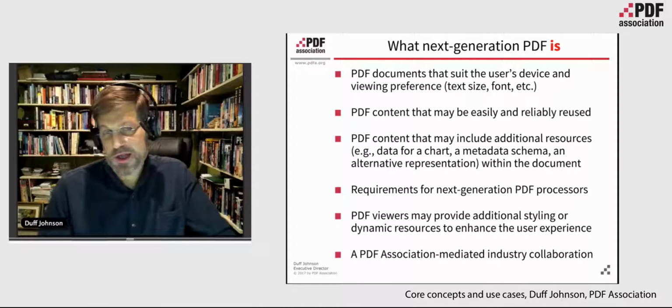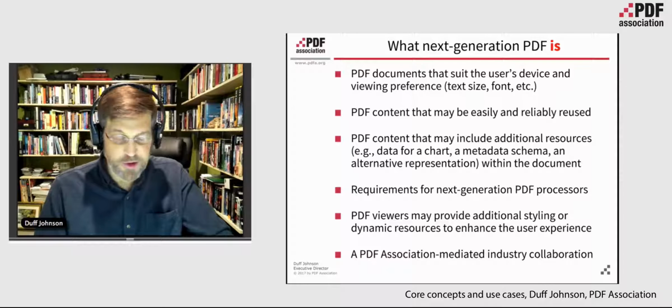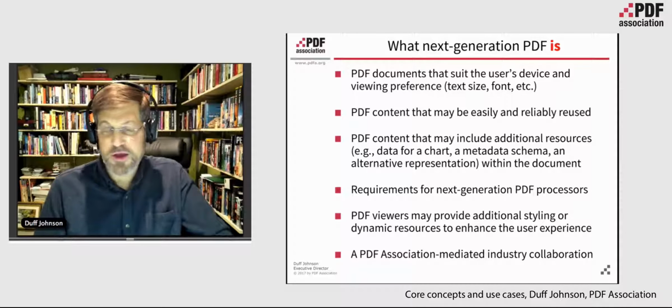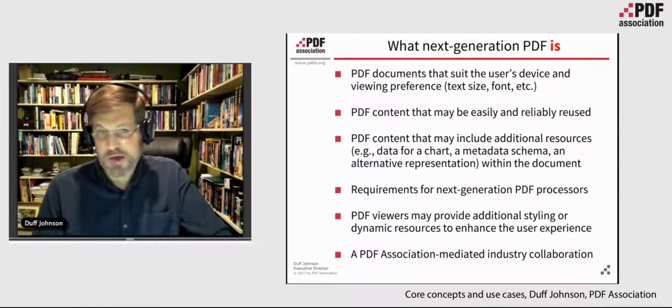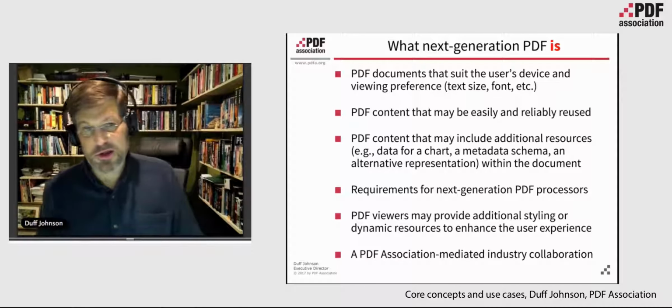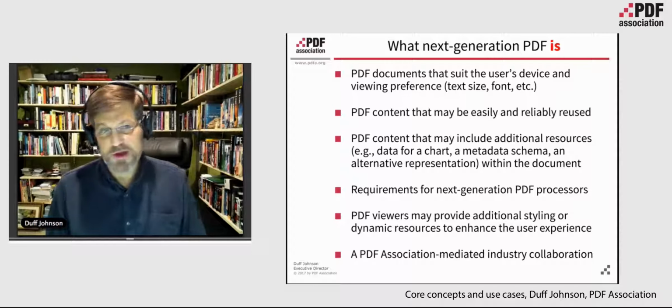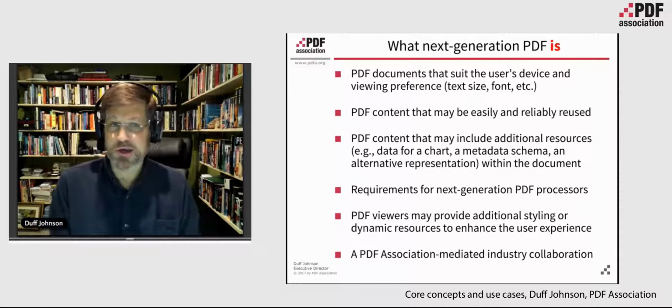Well, many websites don't provide me that kind of facility, and I think that part of the idea of next generation PDF is that a user would be able to establish many of their own preferences for many different types of reasons. So, for example, a user might decide that they're not interested in the fonts that the publisher is serving up with this document. They quite like a font that mitigates dyslexia issues.